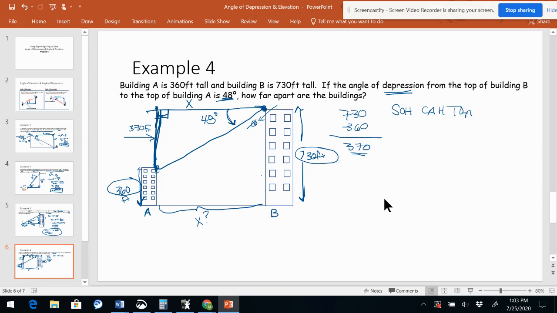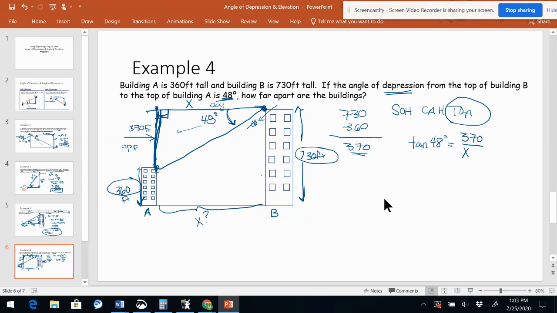So what do I have? I have the opposite side across from my angle, and I'm looking for my adjacent side. So if I have opposite and I'm looking for adjacent, I'm going to use my tangent function. So I know that the tangent of 48 degrees equals my opposite side, which in this case is 370, divided by my adjacent side, x.